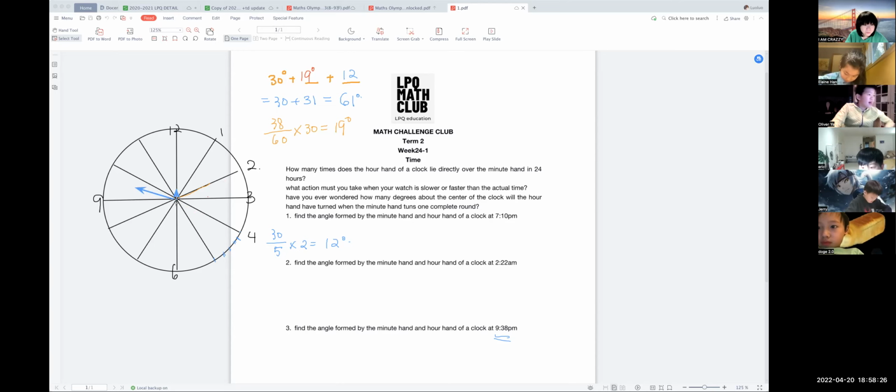And 38 will be, this is 30, 35, 36, 37, 38. So this is the degree we're going to calculate. This is 30, of course, so still 30 degrees plus something plus something. Get it, everybody?